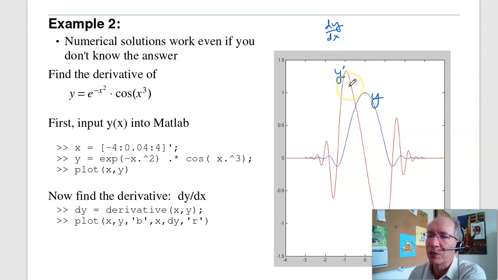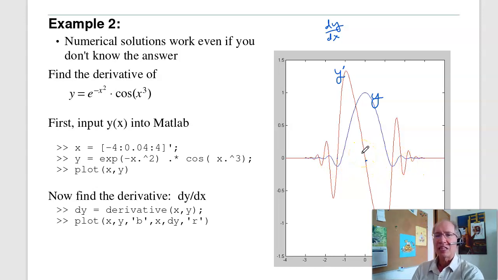So here's the derivative. And if you check it, it kind of makes sense. When y is flat, the derivative is 0. When y is increasing, derivative is positive. When y is decreasing, derivative is negative. The red line is the derivative of y.